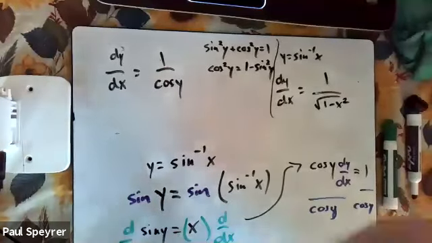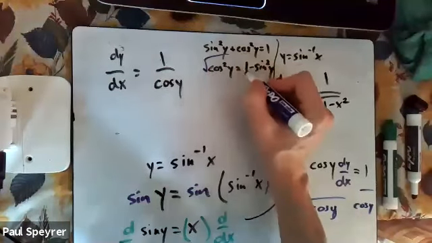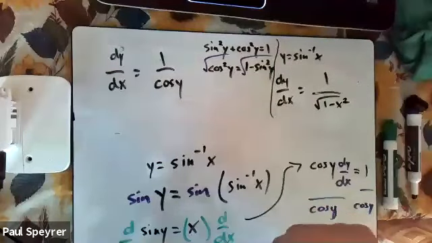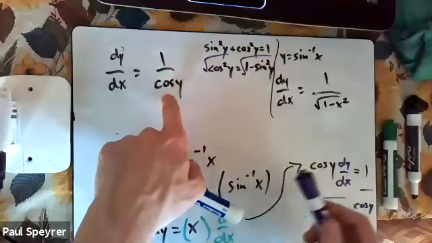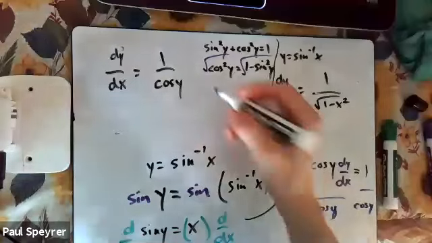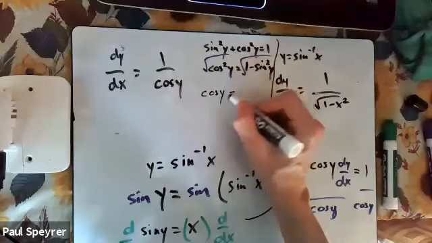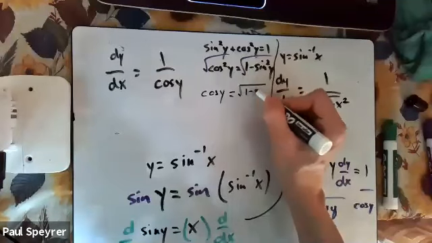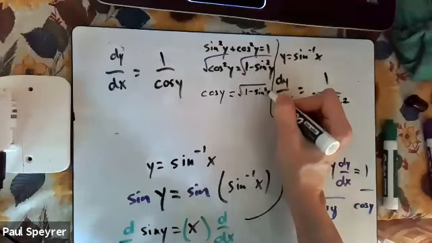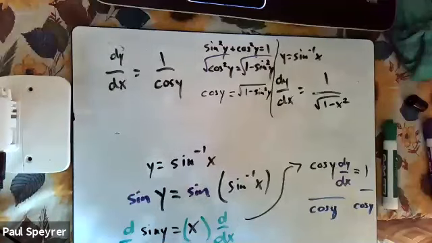Then I should take the square root, because I need cosine, not cosine squared. In doing so, we now have cosine of y equals the square root of 1 minus sine squared y. So we're almost there, right?